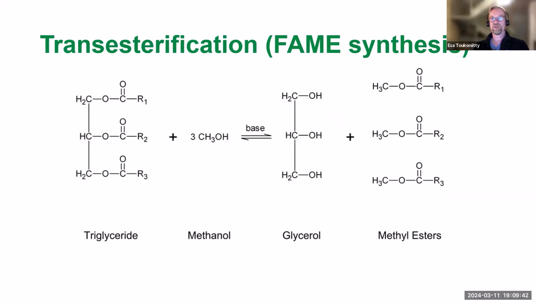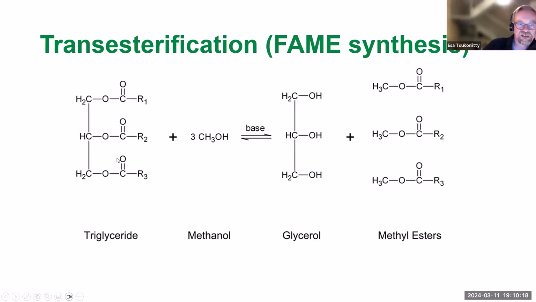This is then the reaction of making that biodiesel, fatty acid methyl ester. So what happens is that we have the triglyceride, the fat or the bio oil, and we have some alcohol, in this case the simplest and the cheapest, methanol, 3 of those. We need, in this case, base, or we can also use acid catalyst.